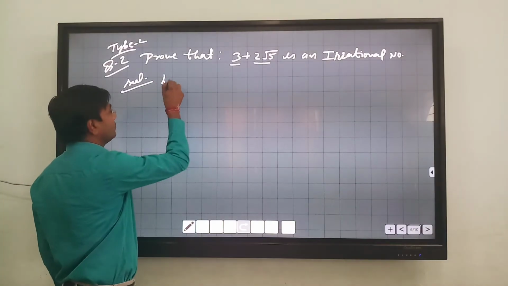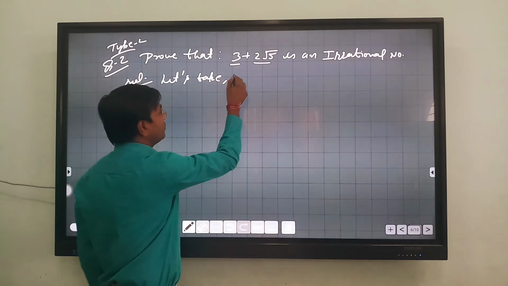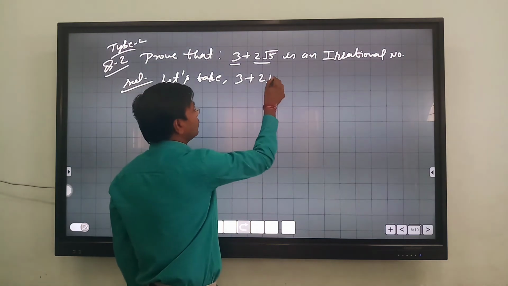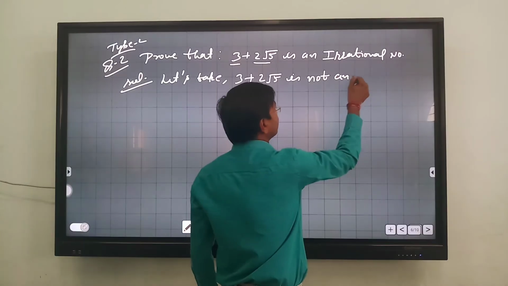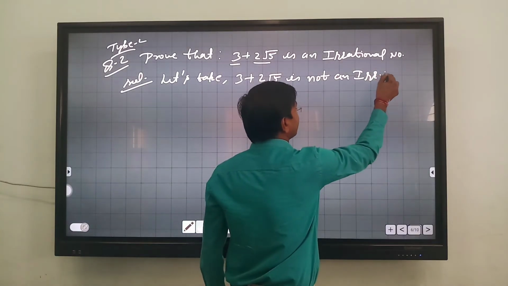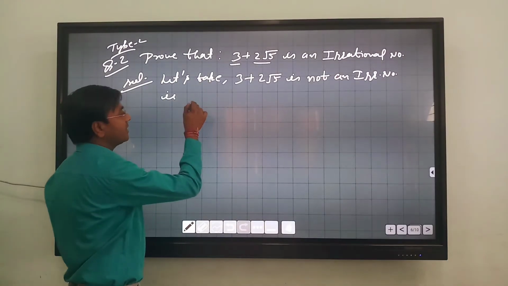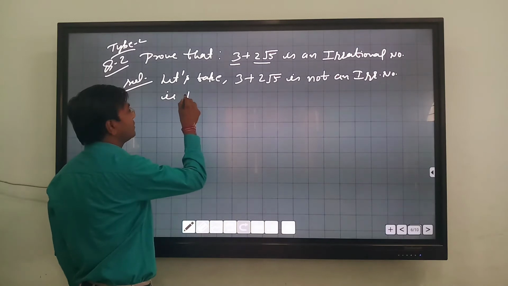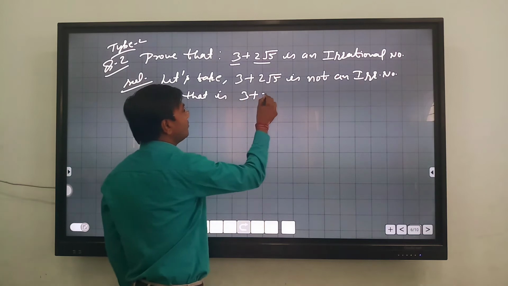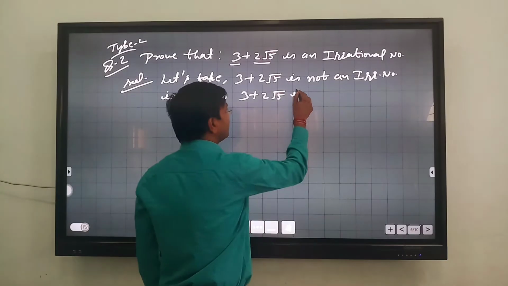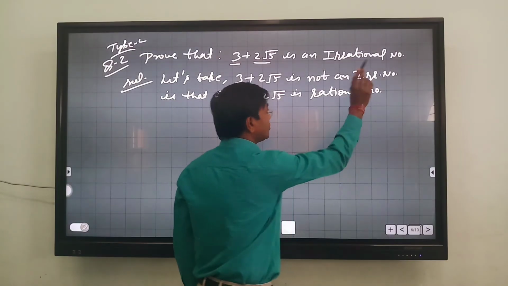So let us assume 3 plus 2 under root 5 is not an irrational number. It means if this is not irrational, then what would it be? It means 3 plus 2 root 5 is a rational number, because we are assuming this is not irrational.